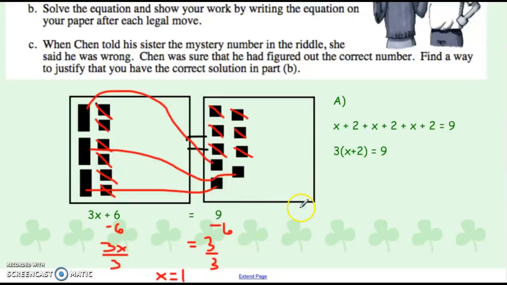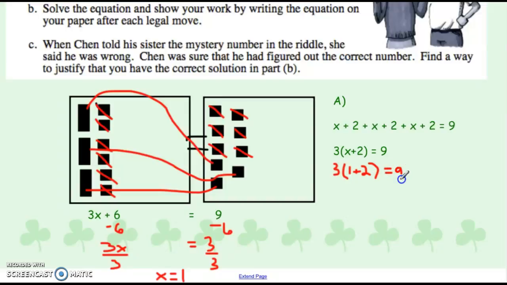Okay, so now for this one, the way you do it is you have to replace x with 1 in one of your equations. So if I go back to A, I need to prove that x is equal to 1, so I'm going to replace x with 1. So I'm going to use the distributive property one here. So if I write 1 instead of x, I would have 3 times the quantity 1 plus 2 inside the parentheses is equal to 9.